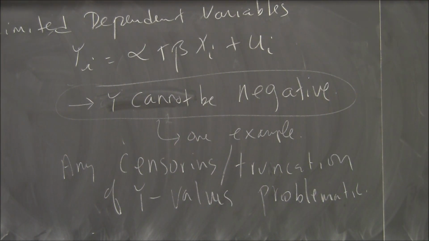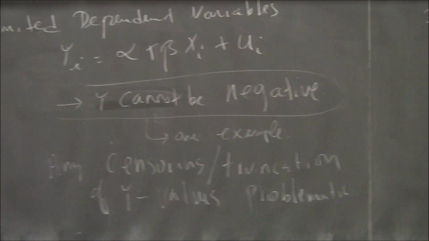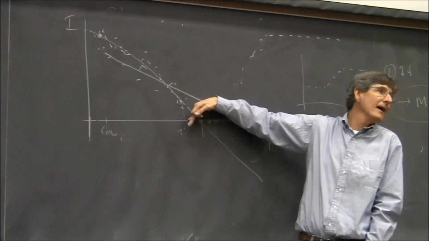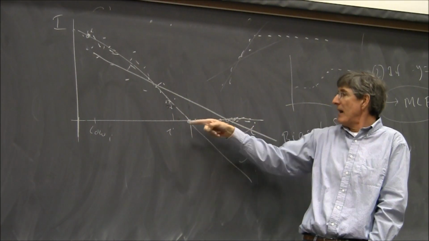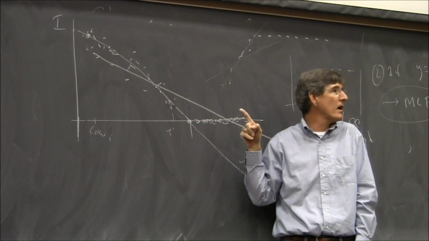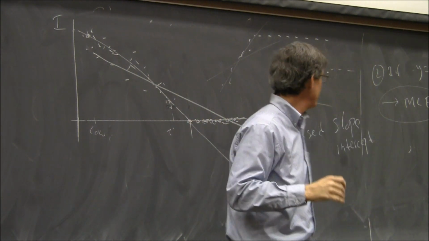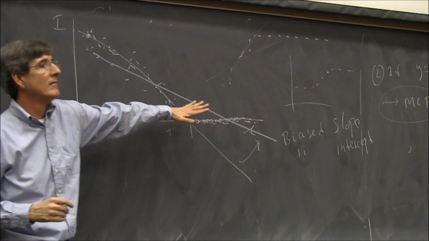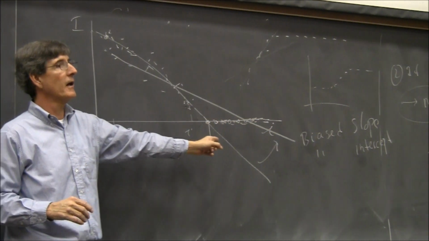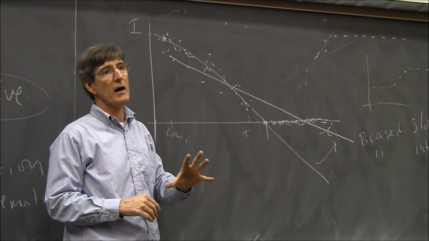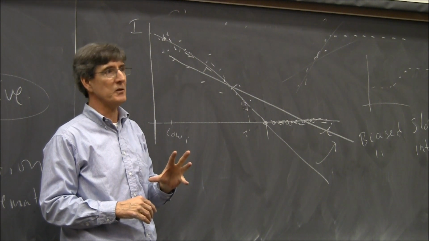Now, if my data was only in this range, I'm probably okay. But when I actually have data down here, then I've got a problem. One solution might be, well, let me just throw all these out. That works. But throwing information away is almost always less efficient than using it somehow.